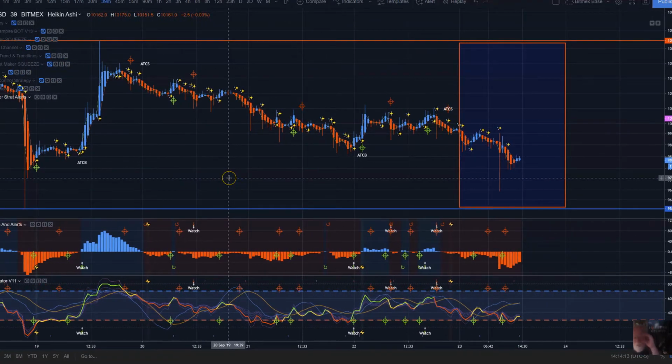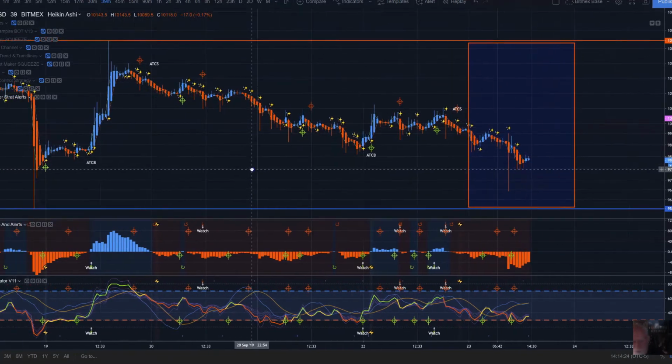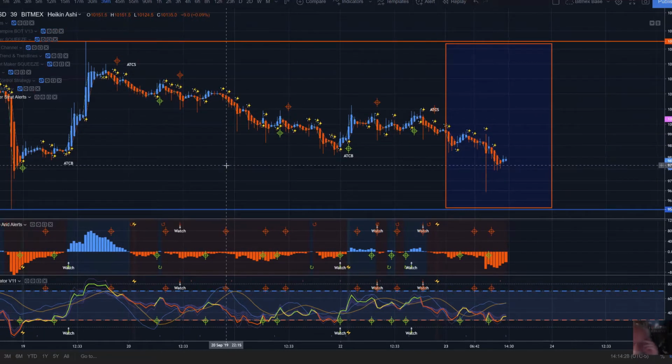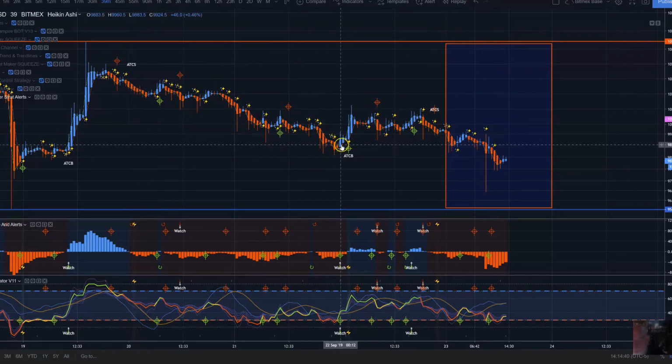But the other thing I want to remind you of, when you set the bot up for the first time, or if you set the bot up in the middle of making changes, you can't jump in here and expect to make any money. You can make a little bit, but probably not. You need the full weight of the full trend in order to make profit.